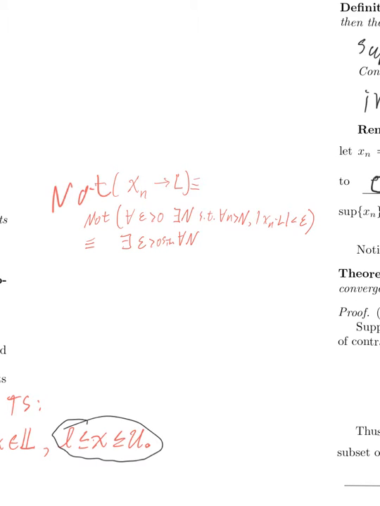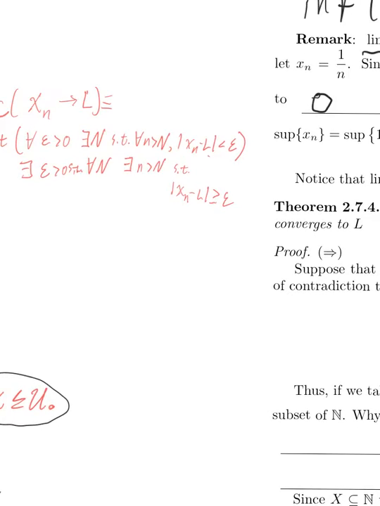And what is that stuff? Well, the stuff is that for all little n bigger than big N, and so it is not the case that for every little n bigger than big N, this inequality happens. So what does that mean? That means there must exist a little n bigger than big N so that this does not happen. So there's what I've assumed when I assume that x sub n does not converge to L. Let's write that down.